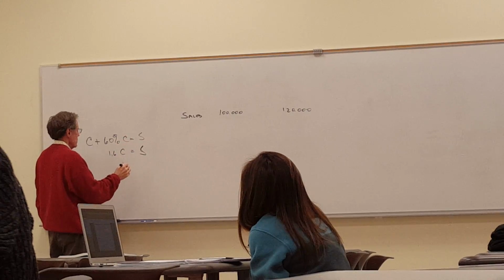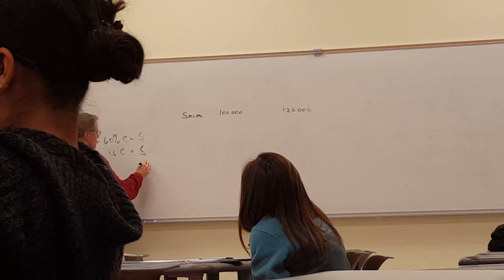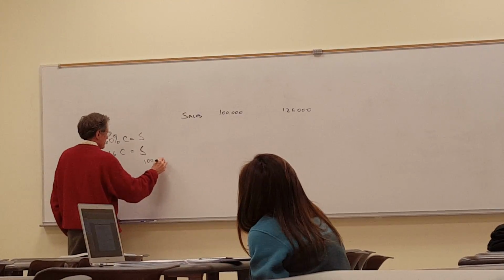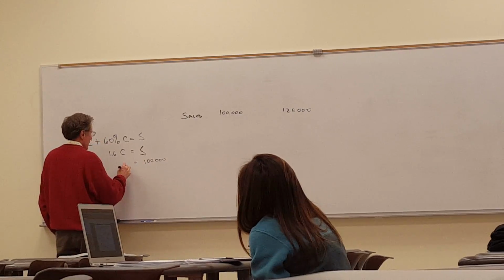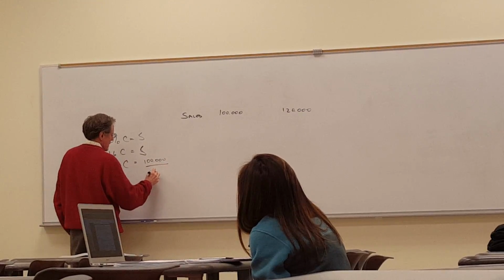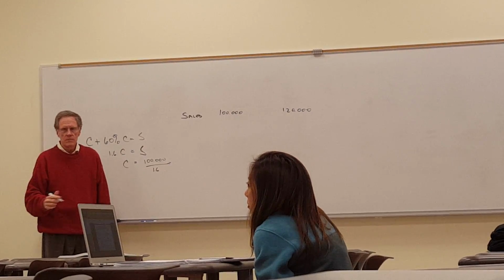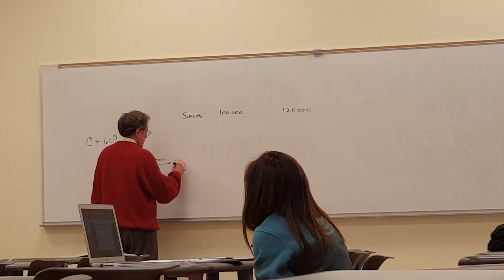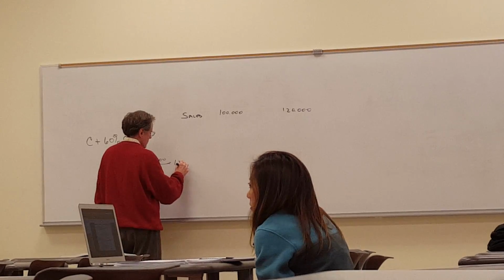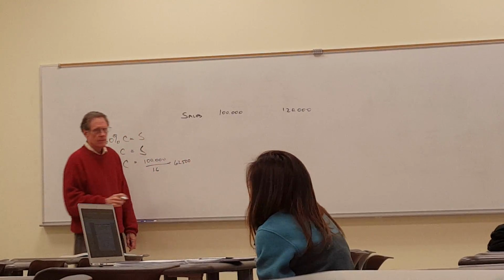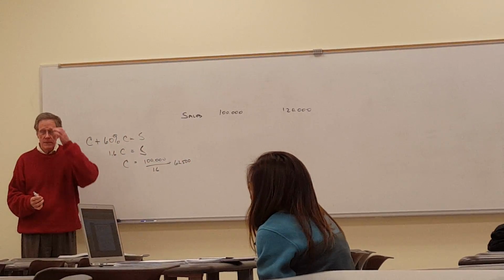We know what sales are, so sales are 100,000. We take sales divided by 1.6, and it comes out to 62,500. Okay, I got it, I remember that little formula now.